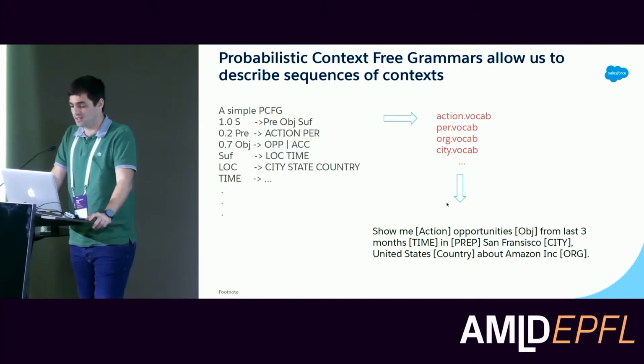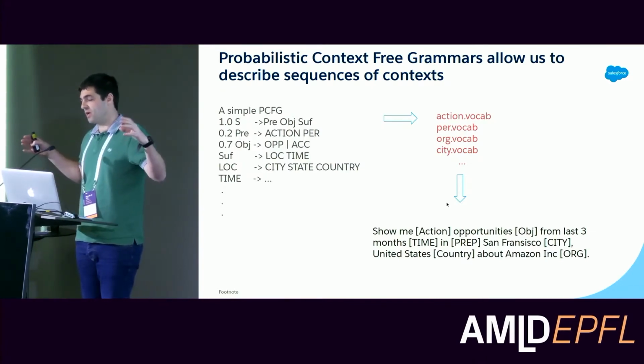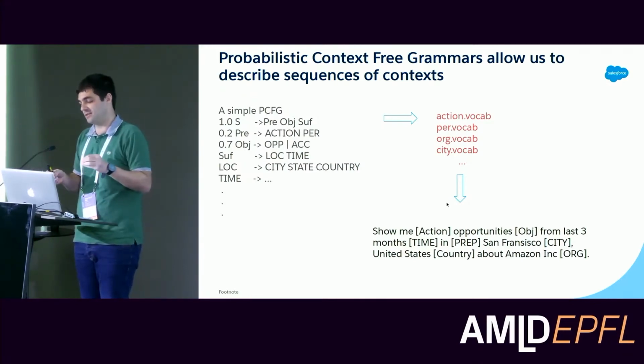Vocabulary usually comes in publicly available lists, or you can construct it. Action verbs, I just enumerated some. Persons, there are tons of person collections out there. Organizations, tons of organization collections out there. And you can bring together vocabulary collections listed for various tasks on your domain dataset.